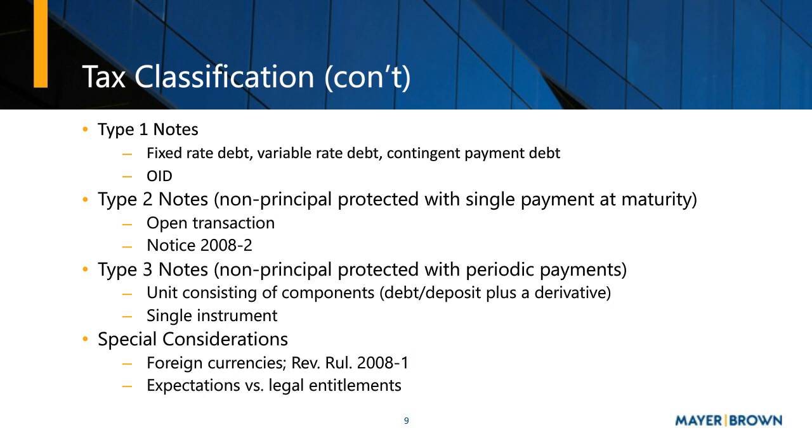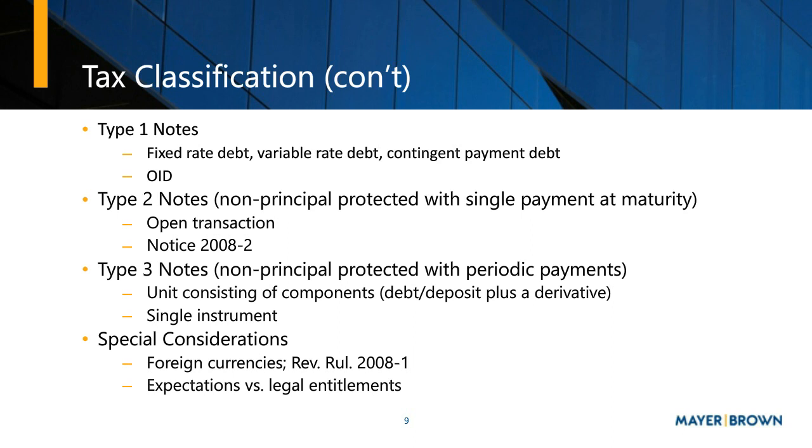So what that means is when you have structured notes linked to currencies or currency baskets, we typically will set up a spreadsheet to figure out what the payout profile would be in each of the currencies and convince ourselves that it's possible to lose something in each currency before treating it as something other than a Type 1 note. And if that's not possible and it looks like it's principal protected in other currencies, then we would treat it as a Type 1 note.